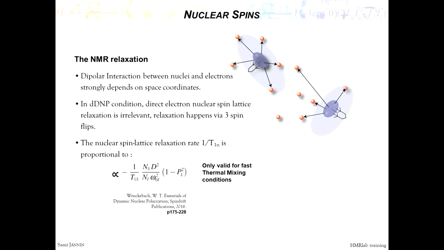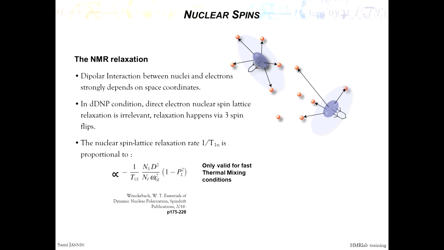One thing that is important is the relaxation of the nuclear spins. We want to fight against the relaxation. We want to polarize them. And in our conditions, you can have direct electron nuclear spin relaxation. So it means one electron flops and induces some relaxation of the nuclear spins, which is not really relevant. We have another process that is much more efficient for relaxation, which is a 3-spin flip.